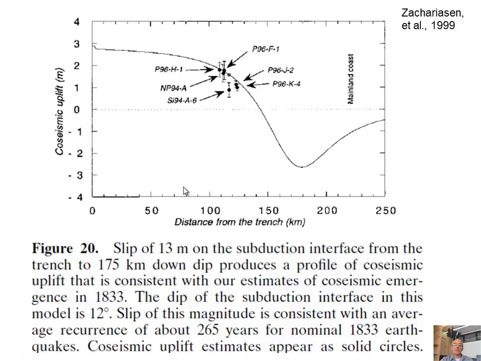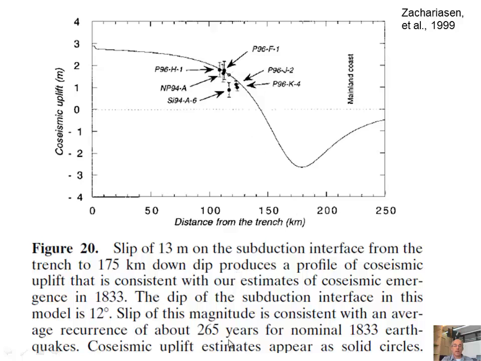So with that information, then again, she uses a dislocation model, and this is just a two-dimensional one, perpendicular to the coast. So here's the trench, and these corals with these coseismic uplift magnitudes, she needs 13 meters of slip on the subduction interface to get this 1 to 2 meters of uplift where they are. So it was a big event, 1833.